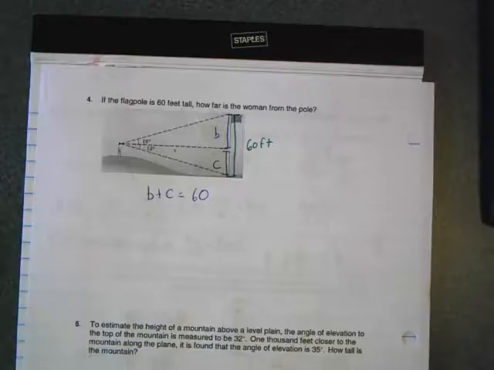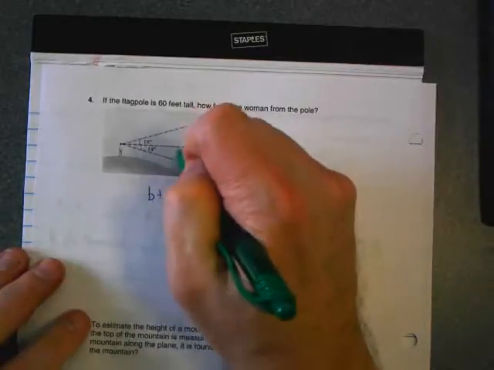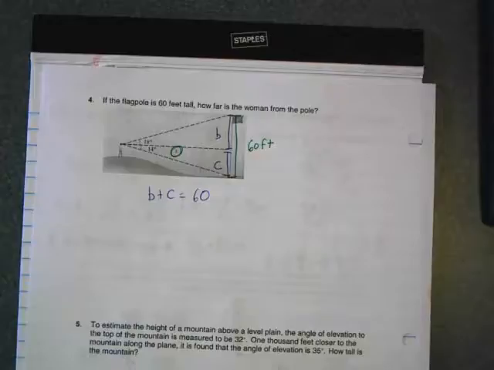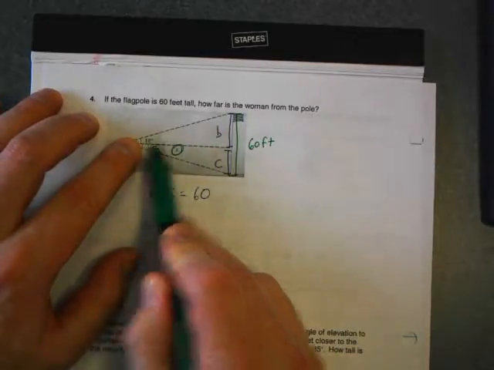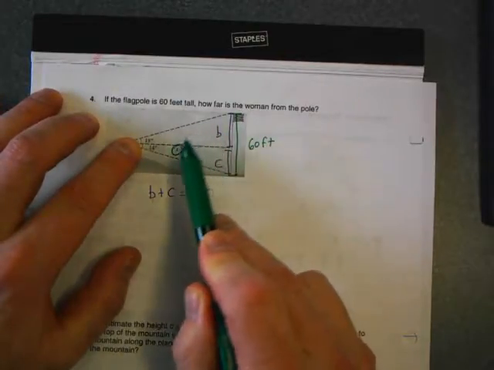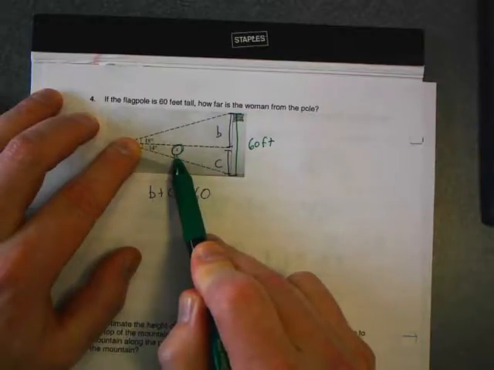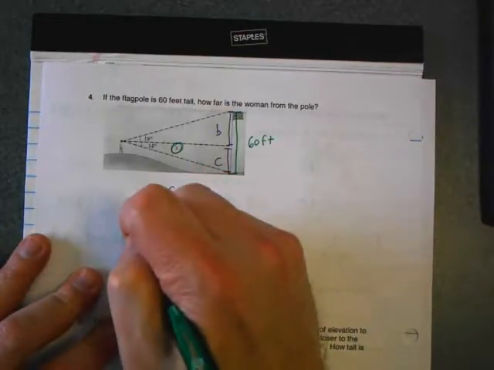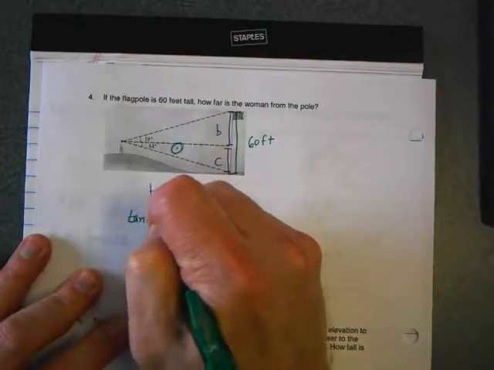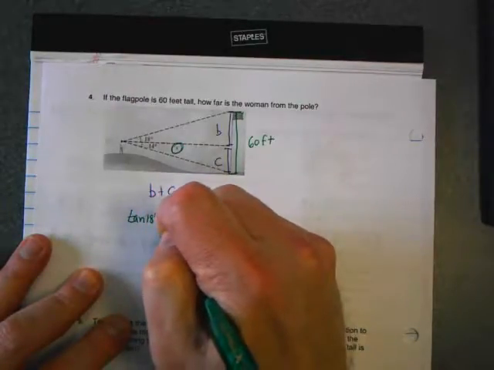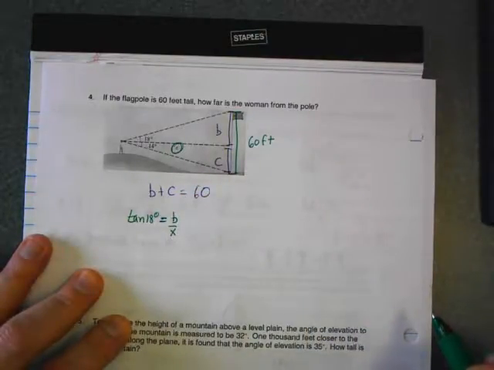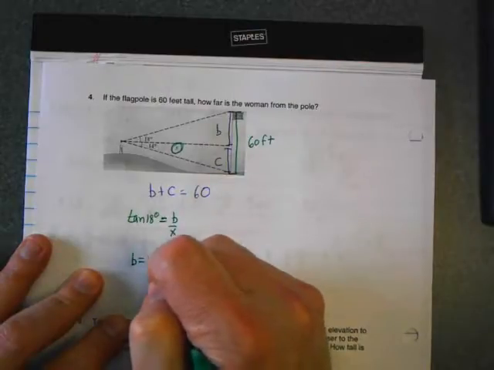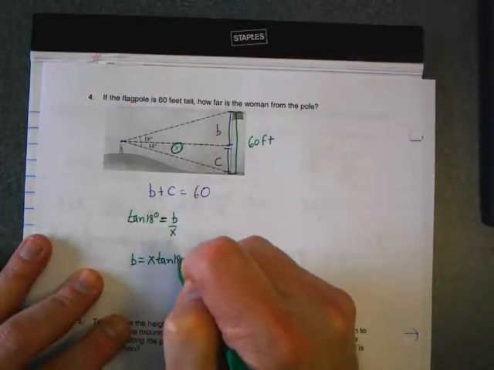All right, but now we've got to rewrite B and C using this letter X. And we're going to use tangent, because tangent of 18 would be opposite, which is B, over adjacent, which is X. So I agree with you. I think we want to use tangent of 18 degrees equals B over X. So B is X tangent 18 degrees.